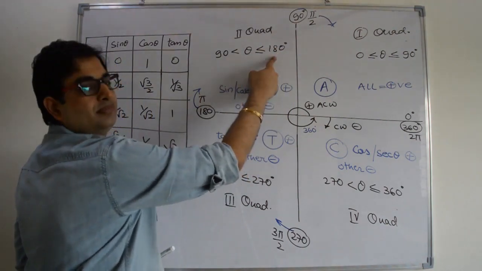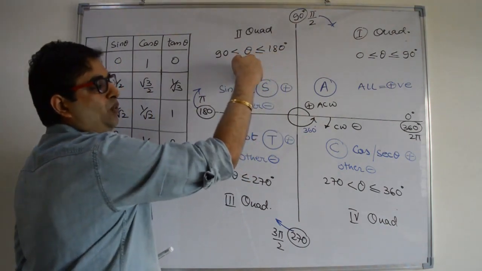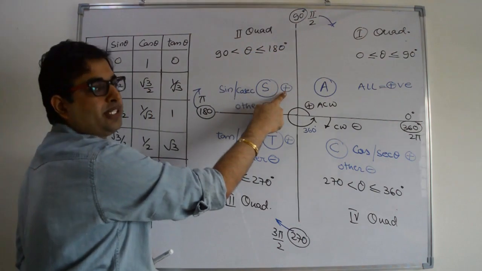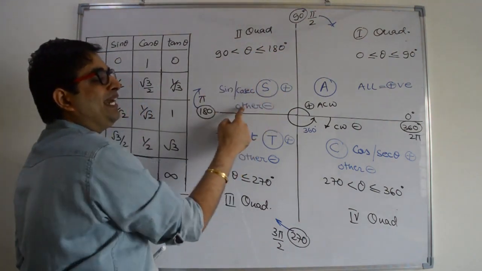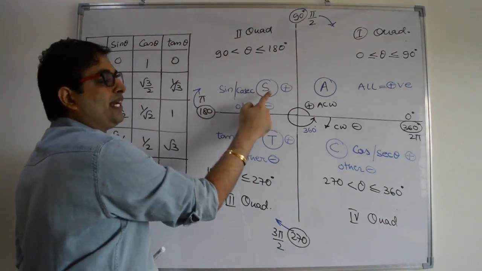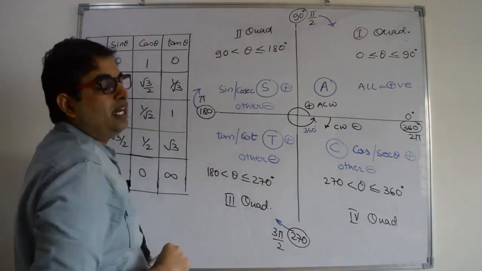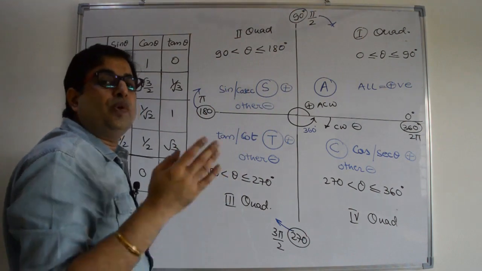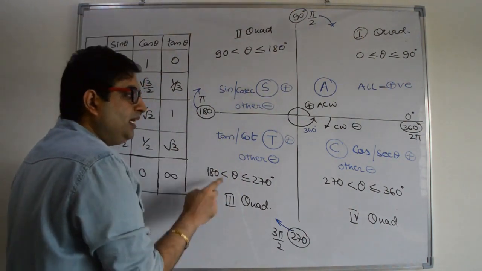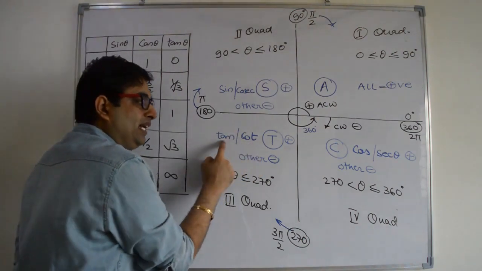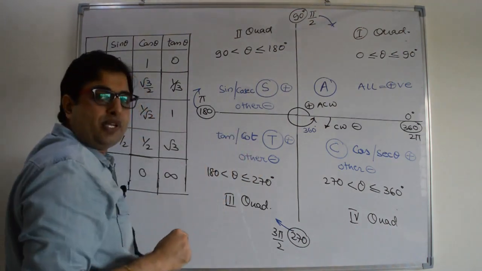Between the two. So 120 is in second quadrant and sine 120 will be positive. But cos 120 will be negative, because in the second quadrant only sine and cosec are positive. So cos will be negative. Got it?